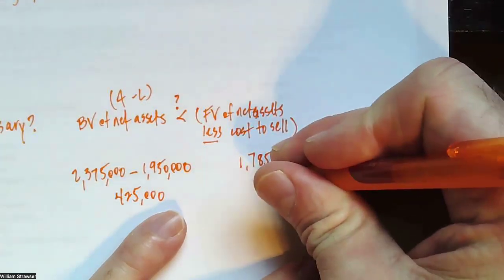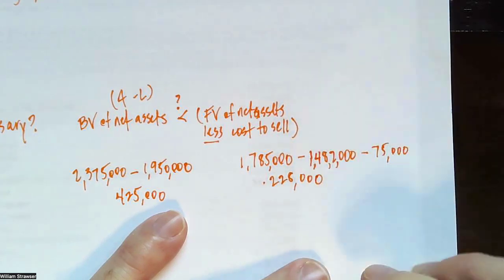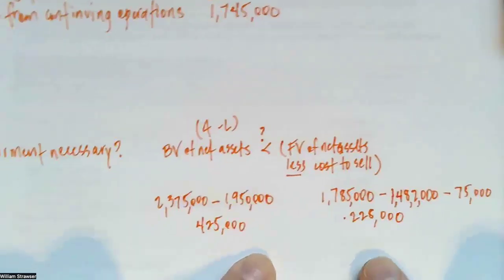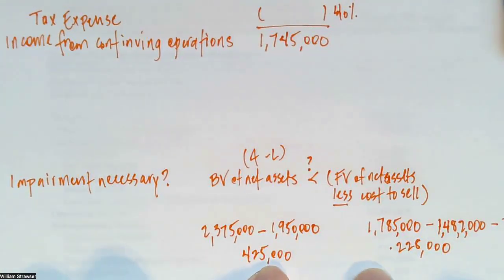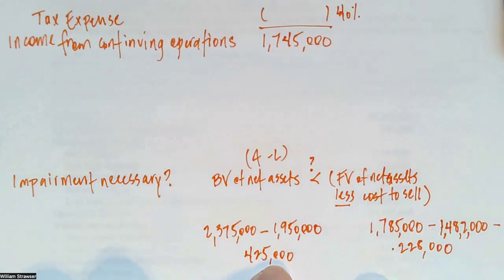So that comes out to $228,000. All right. So now we determine, is impairment necessary? Well, it relies on whether book value overstates or understates this amount.